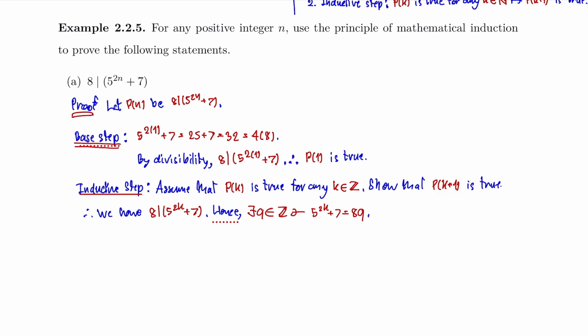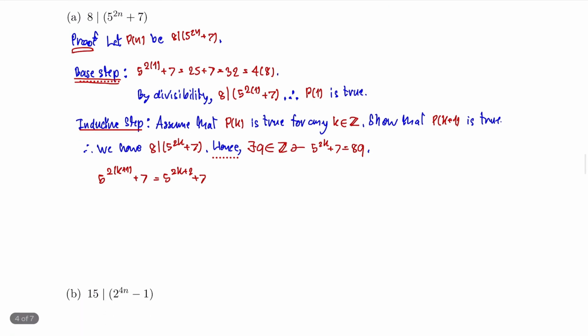So we have 5 to the 2(k+1) plus 7, which equals 5 to the 2k plus 2, plus 7. Now let's write it. For this one, I'm going to split up this exponent 2 here.